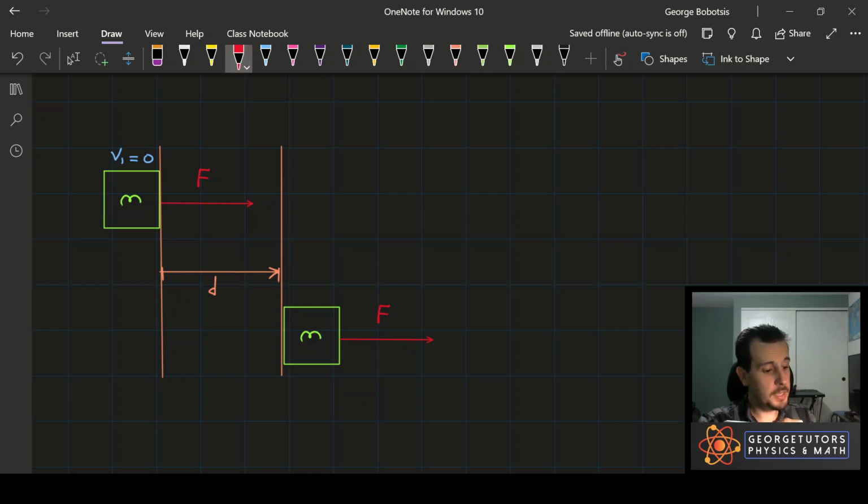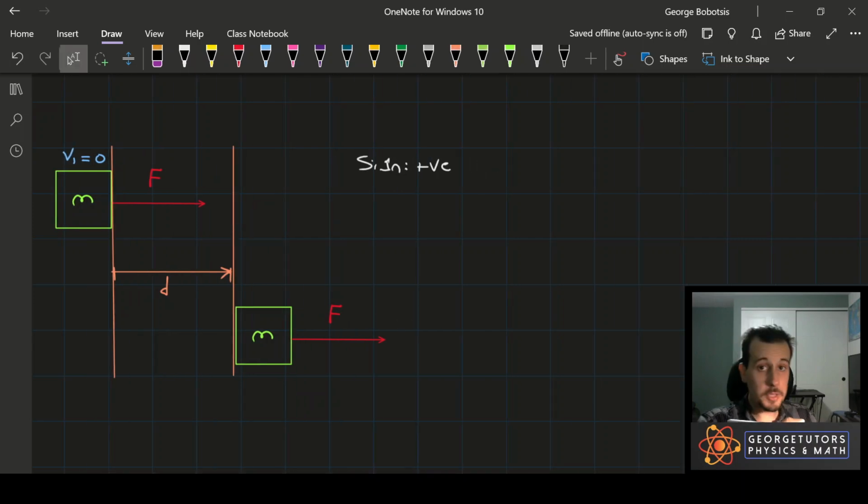Okay, so I take a look again at the force F and my displacement vector. They are parallel, which makes my sign yet again positive for the work done by this force. Now, what about the size? Well, this one here is a non-conservative force, so we cannot express it in terms of a potential or a kinetic energy state because I don't have any information on the velocities, the end velocity, for example.